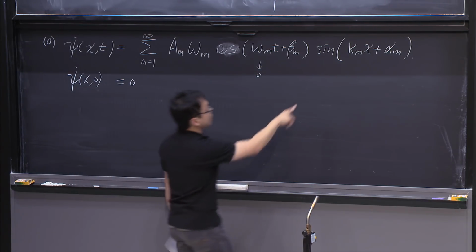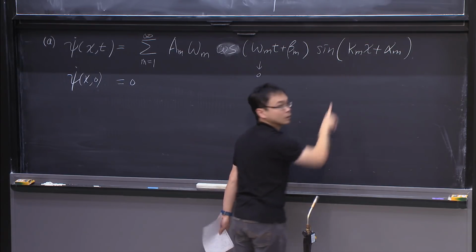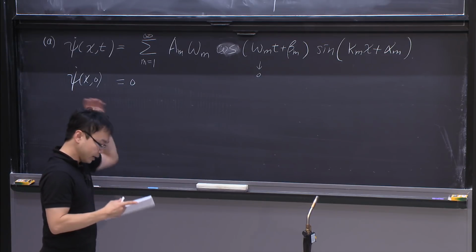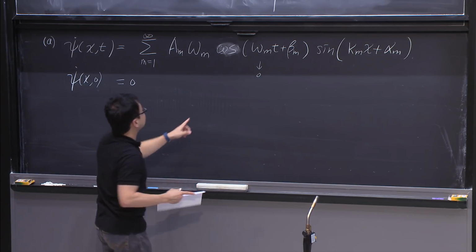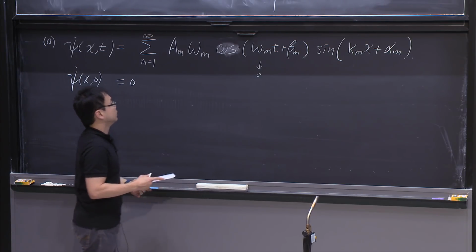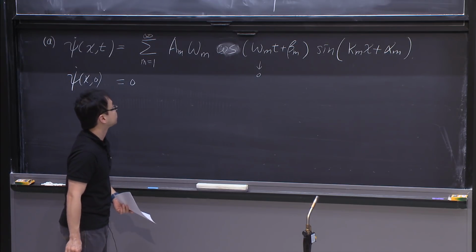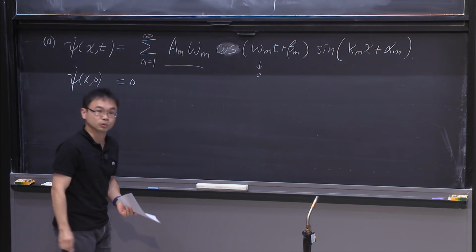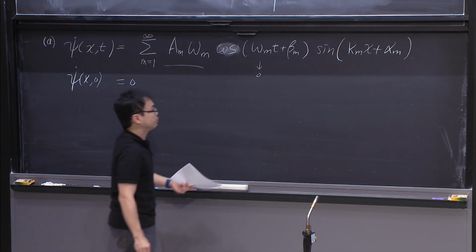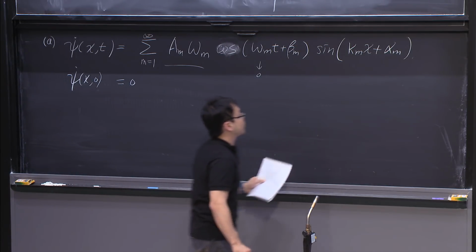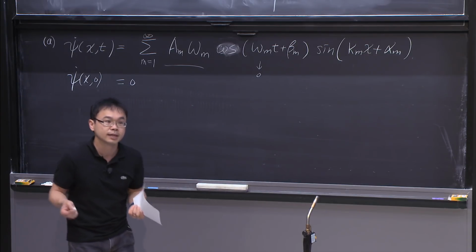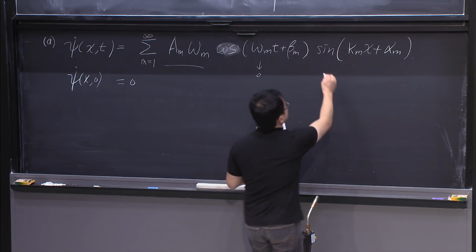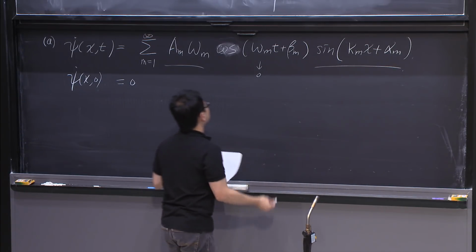And we know that the shape of the normal mode is some kind of sine function from the previous discussion. I am now requiring this thing to be equal to 0. Of course, I cannot make A_n omega_n equal to 0, that's what we discussed before. And this sine function can be evaluated at any x value. Therefore, this cannot be equal to 0.